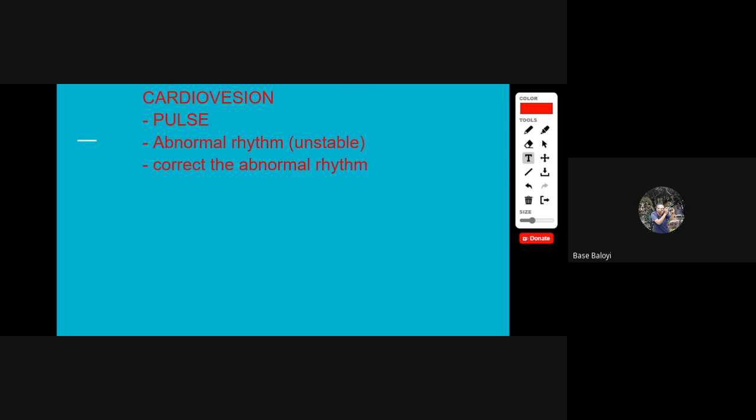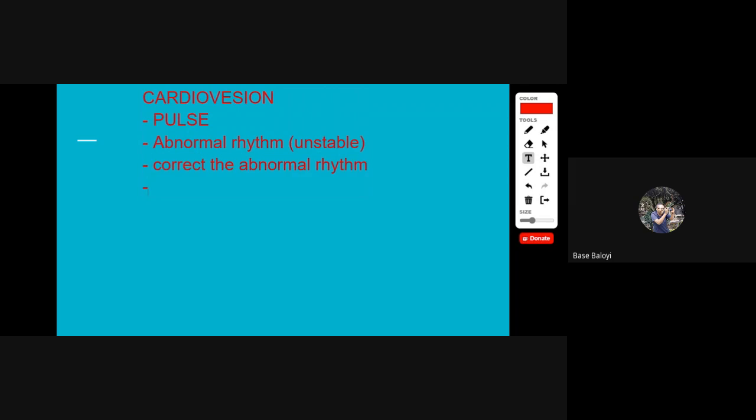And defibrillation is done in life-threatening situations, isn't it? And again, for both the cardioversion and the defibrillation, we use the same machine. That is what I wanted to add before I go further because I did not want to forget that part. All right, now we continue with our cardioversion.